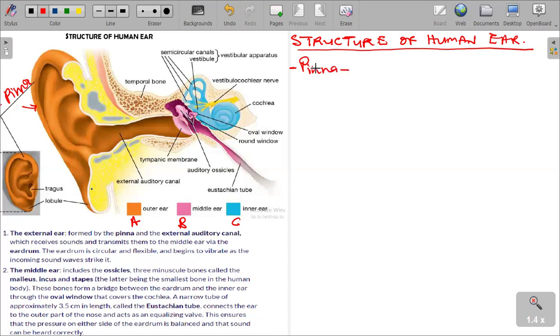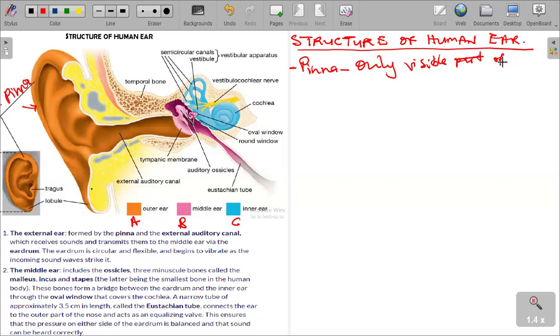The pinna is the visible part of the ear. As a first description, it is the only visible part of the ear.